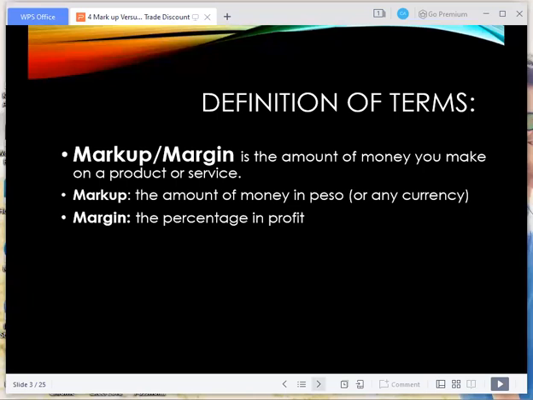When we talk about margin, we are referring to the percentage in profit. So for example, we have 50% of the profit. That's margin. Okay, so if I say I have a profit of 50 pesos, that is markup.